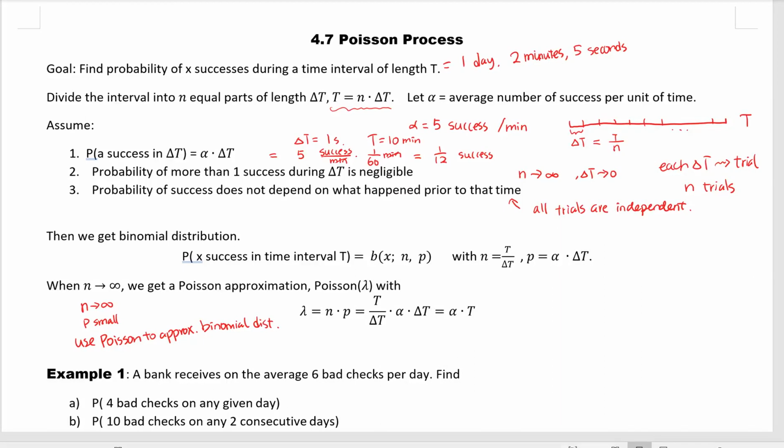And what's n? n is t over change of t. What is p? Well, p is alpha times change of t, right? And now change of t cancels, and we just get alpha times t. Okay, so now you just need to remember lambda is alpha times t. This is the formula for the Poisson process.